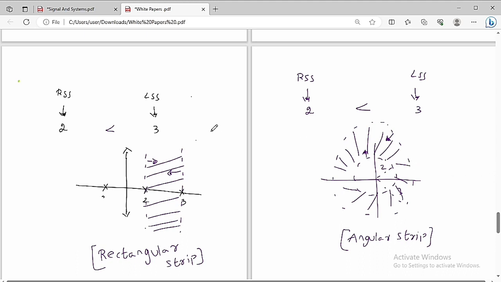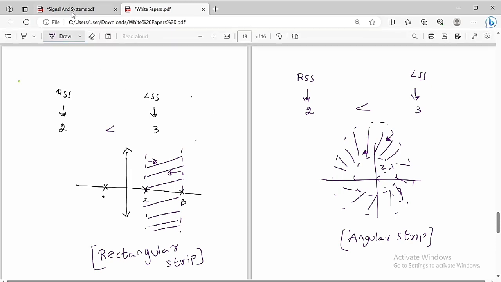So finally, I can say that if the rightmost pole of the right-sided signal is lesser than the leftmost pole of the left-sided signal, we are going to get a rectangular strip. Similarly, if the highest magnitude pole of the right-sided signal is lesser than the least magnitude pole of the left-sided signal, then we are going to get an angular strip.